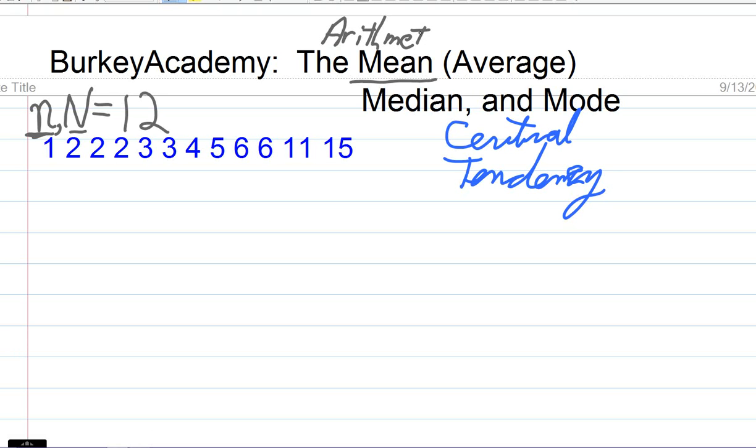I will make a video in the future about more fancy kinds of means that you can do. But when we typically talk about what's my average score, we're talking about the arithmetic mean is the more precise term for that. How do you calculate that?